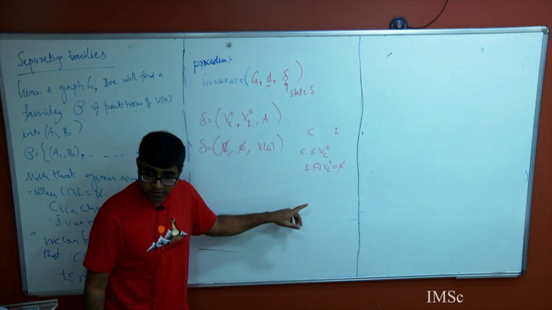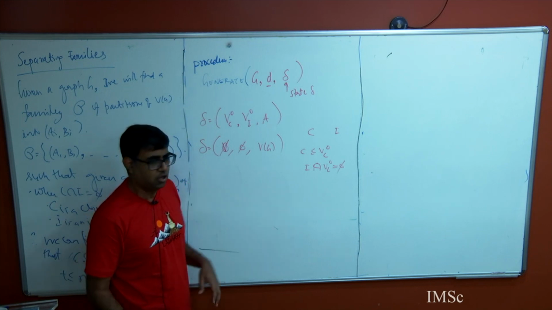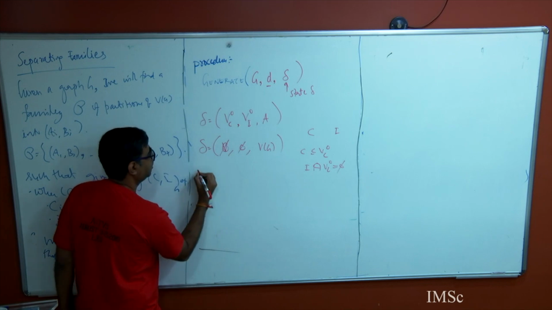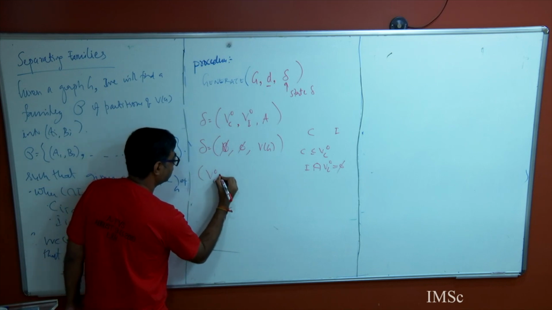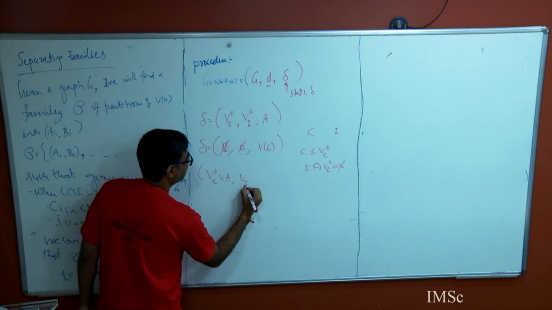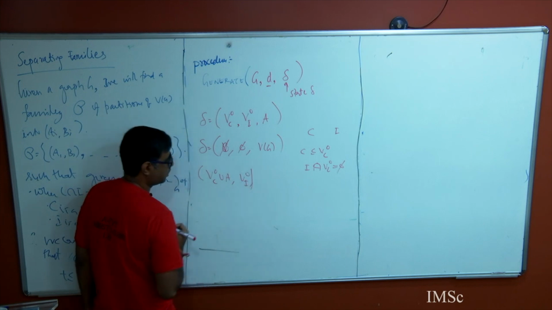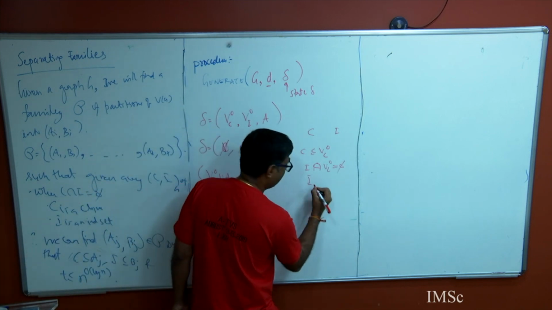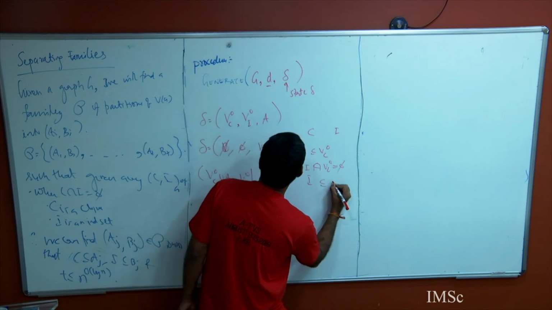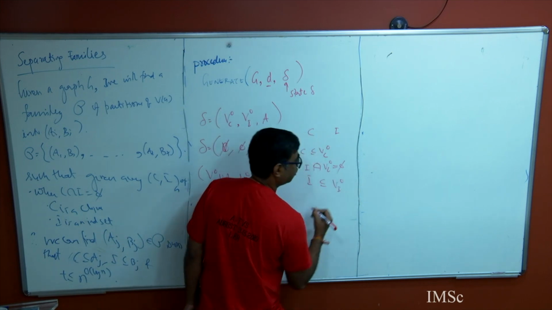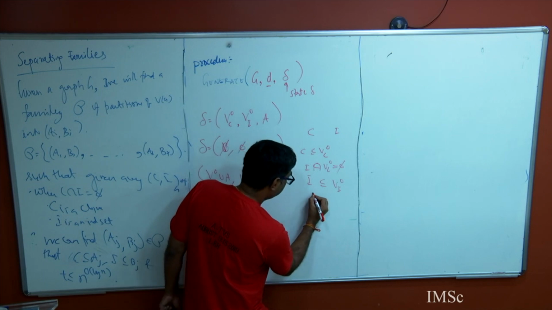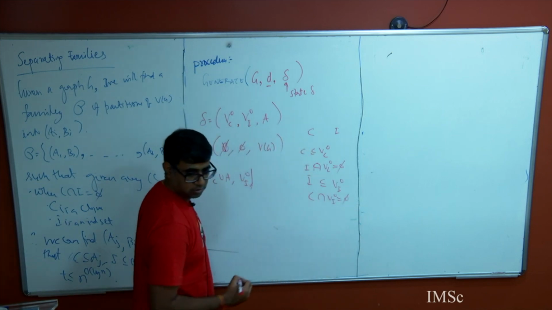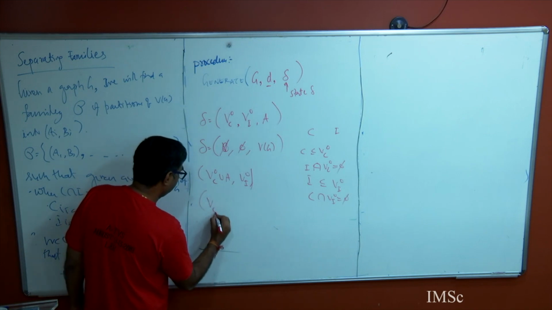I don't know this, but this could happen, right? So at this point of time, it's good that I generate one partition, which is VC0 union A, VI0, right? So this is a partition I can output. Or it could be that the I which I have in my head is already contained inside VI0, and C intersection VI0 is empty. Then at that point I should output.